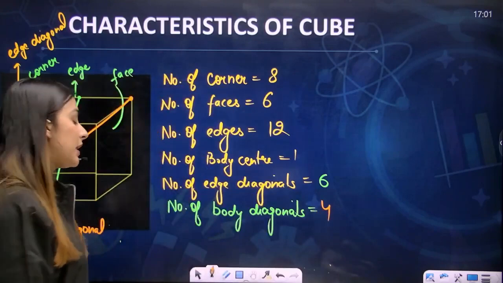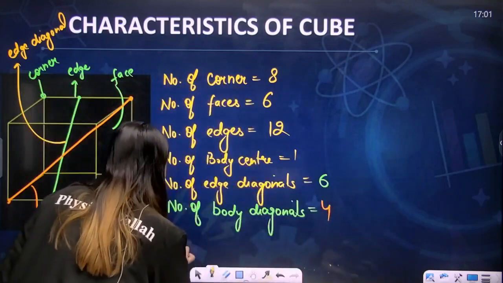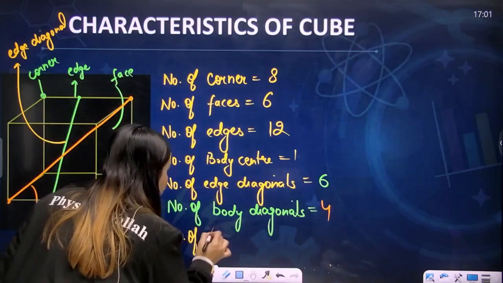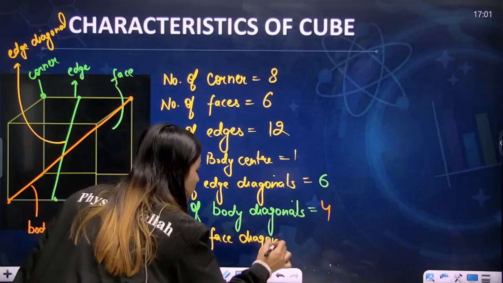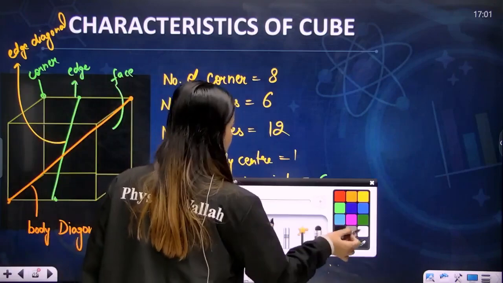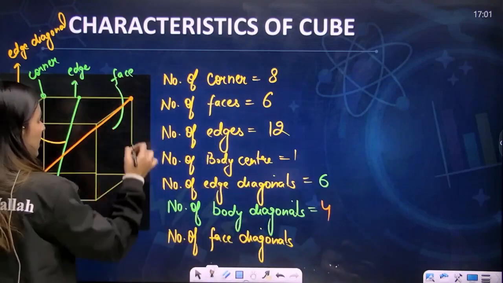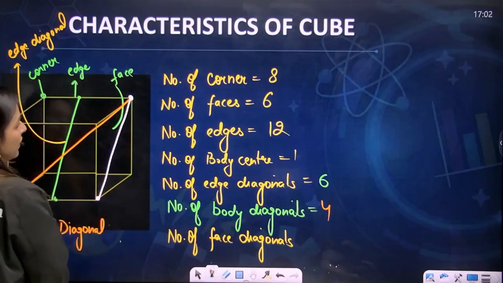The last question that is asked to you is the number of face diagonals. Now let's try to understand what is a face diagonal. My dear students, how will you understand this? Consider this face. One point to the opposite point of a face will give you one face diagonal.